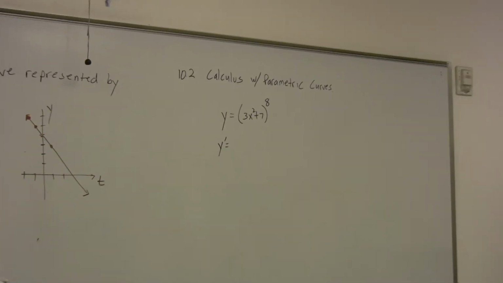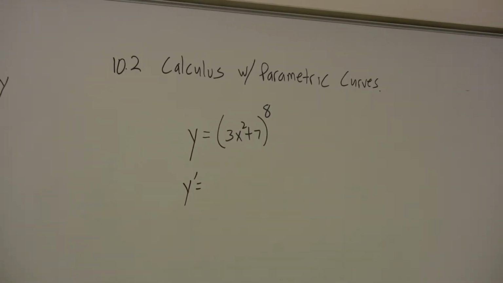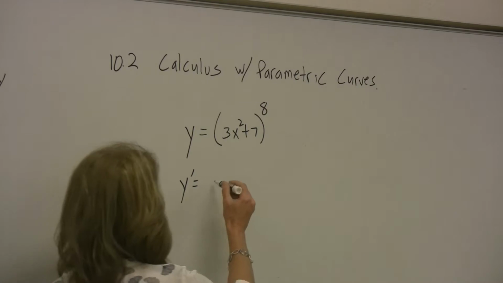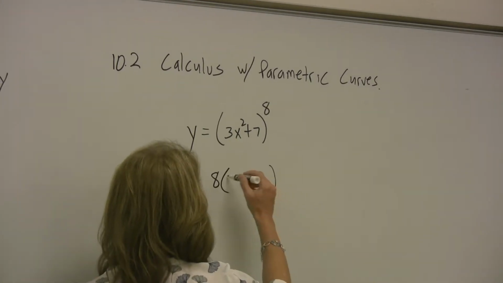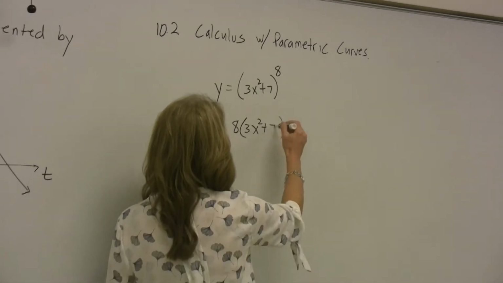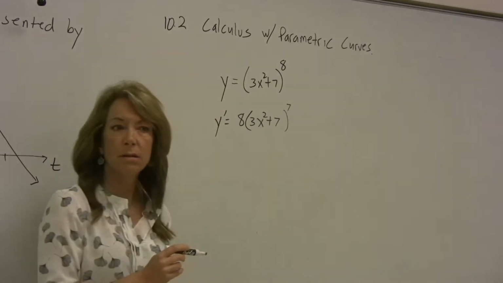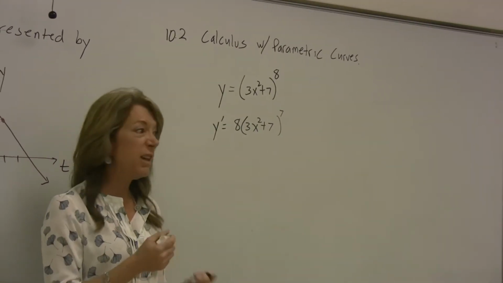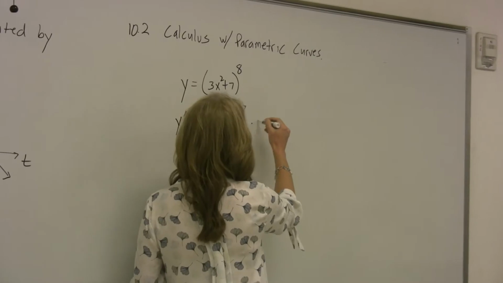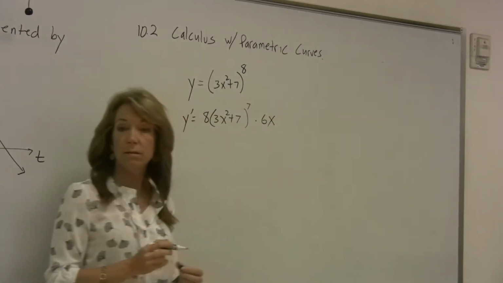Chain rule. You take the derivative of the outside function times the derivative of the inside function. 6x. You guys totally know that, right?